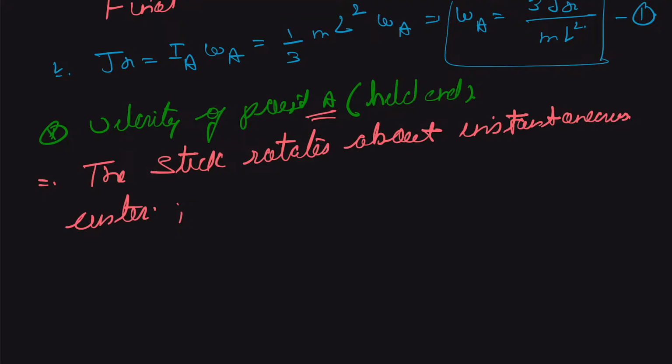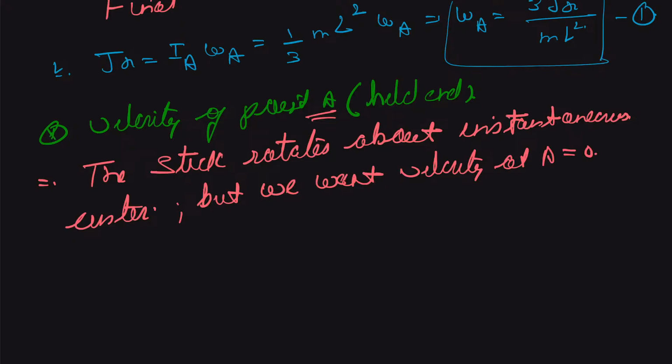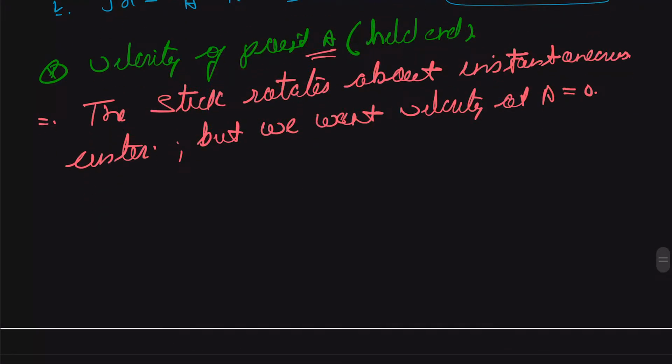But we want that the velocity at A should be equal to 0. And we can say that the velocity at A will be equal to the velocity due to the translational motion of the center of mass as well as the rotational motion about the center of mass. Okay.